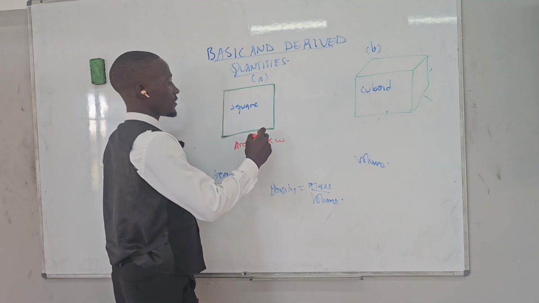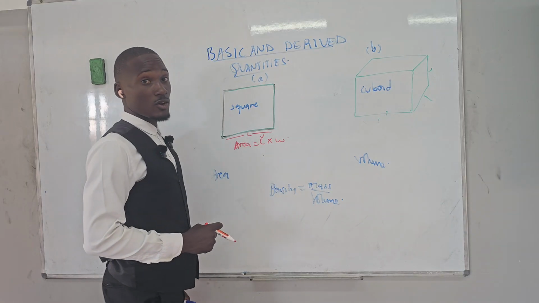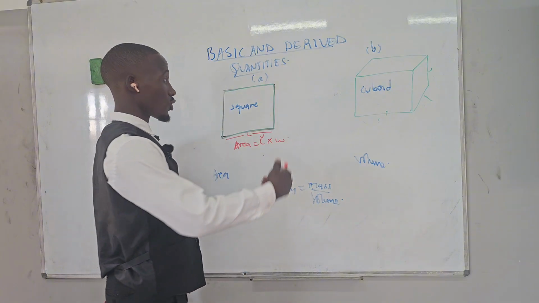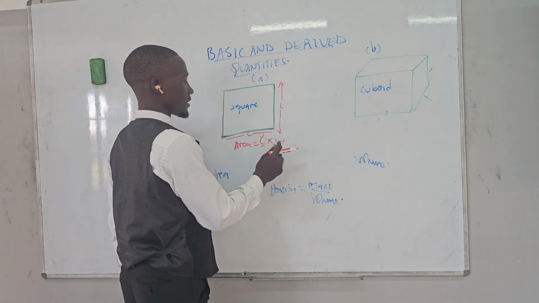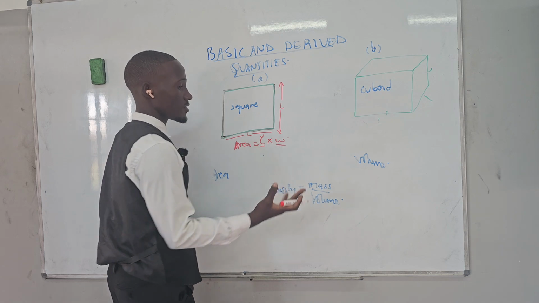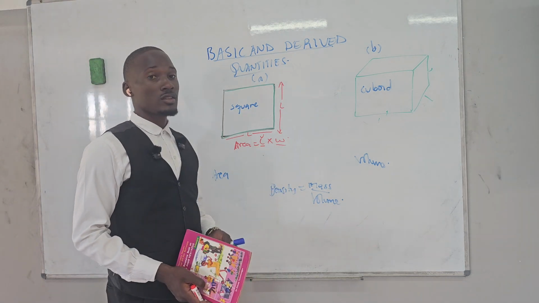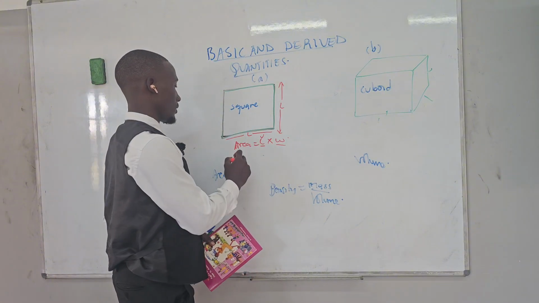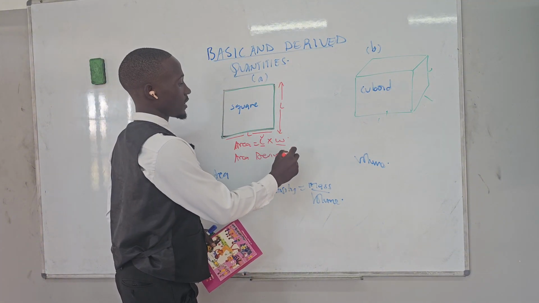Because you need the length, which is a distance. You also need the width, which is a length, which is also a distance. So this is length and the width is also a length. So we are having the area being derived from the length.